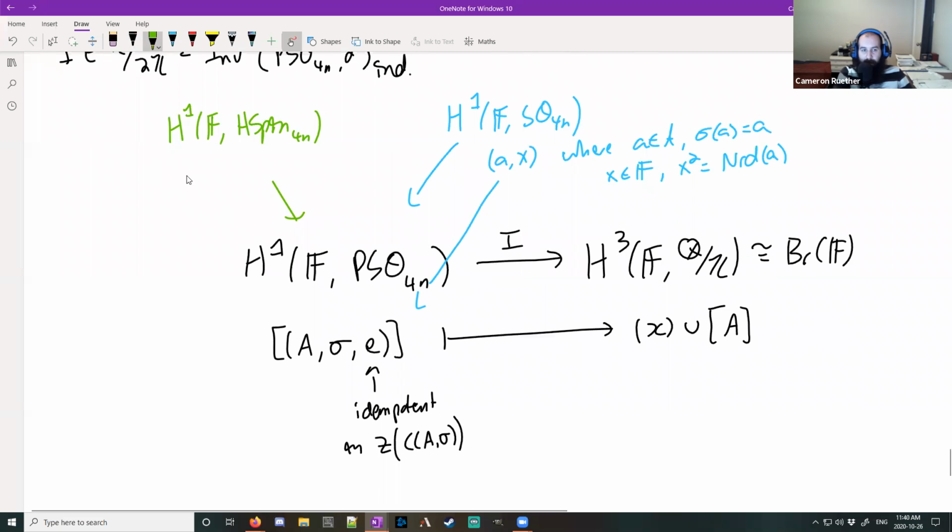And so the pullback to HSpin takes some element Y here, maps it to some such A, and through this process we get this description of this invariant.